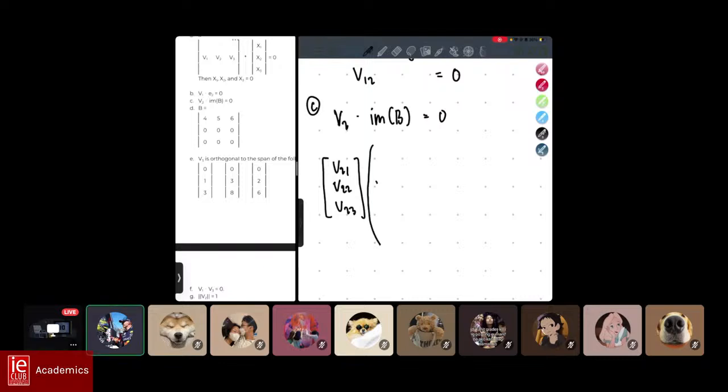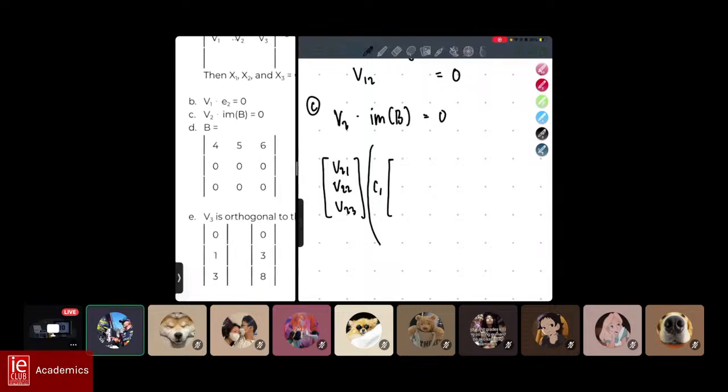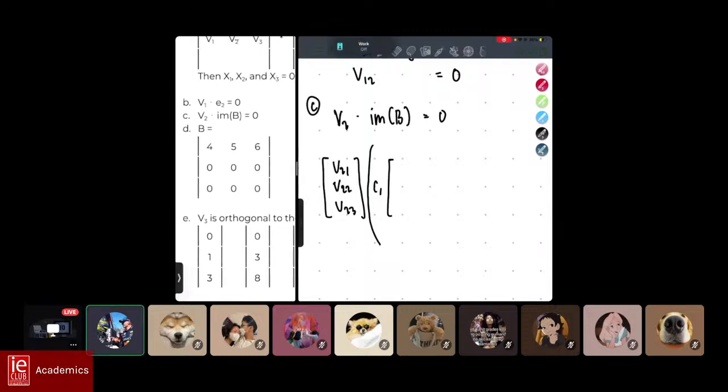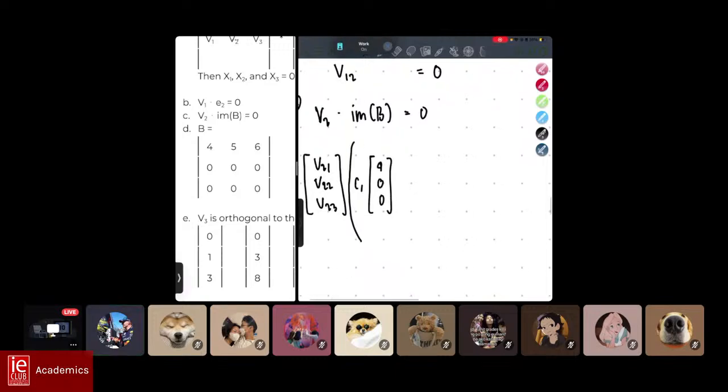So C1, okay, image of B. This is B. So if you look at it, B is technically independent kasi you can't, wait, let me just make sure I'm right. Okay, actually it's not. Pero you can just take the full column space of this, C2 500 plus C3.